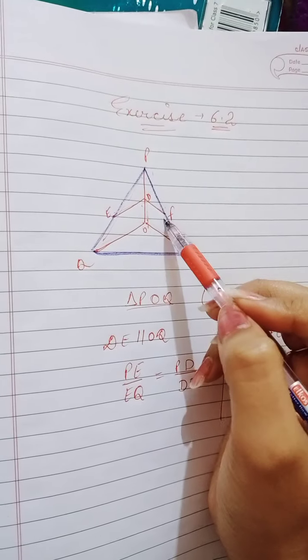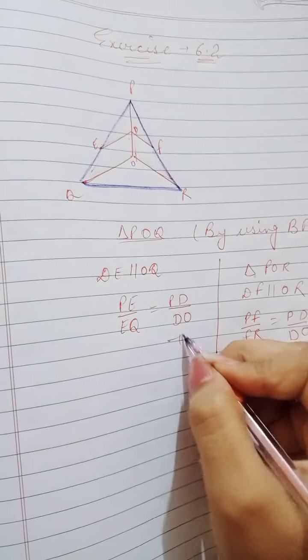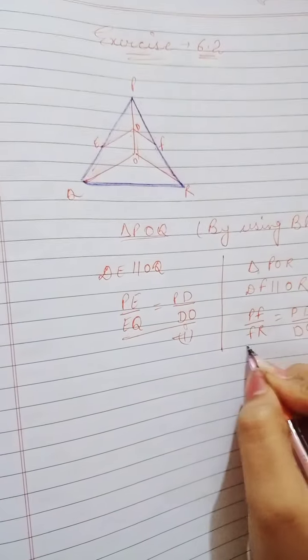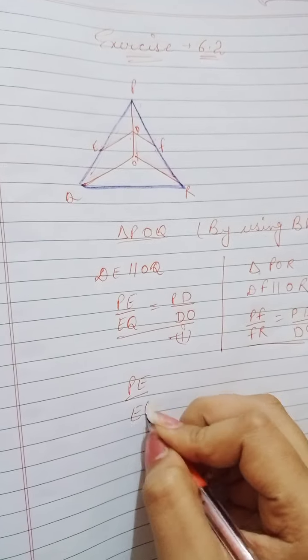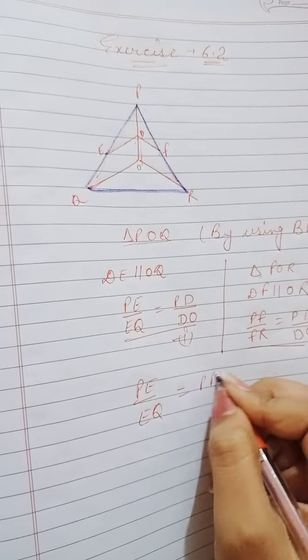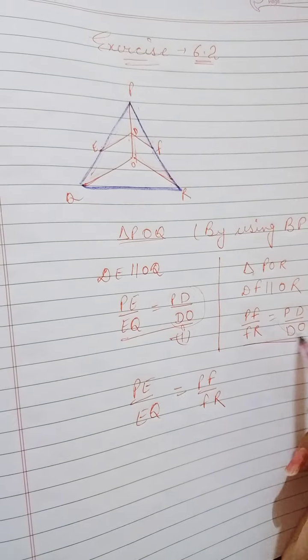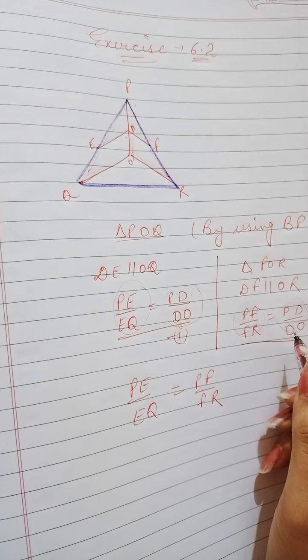This upon this equal to this upon this, right? So from 1 and 2, this is the first equation and this is the second equation, we can say that PE upon EQ would be equal to PF upon FR, because both are equal to PD upon DQ. So these both things will be equal, right?